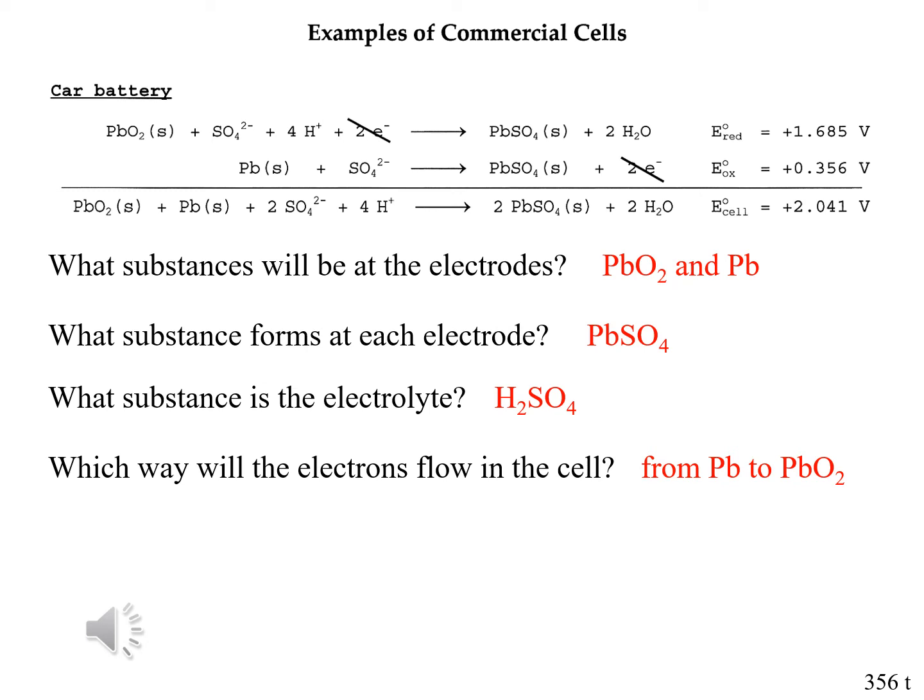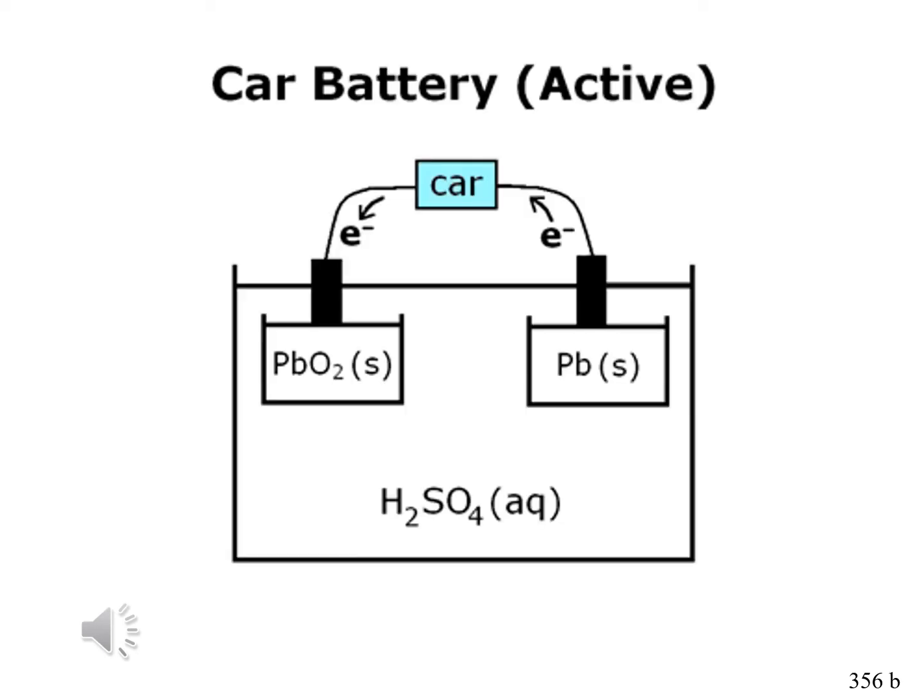So the electrons are going to come out of the Pb solid, and the PbO2 is the one that has them on the left. So they're going to flow into the PbO2 electrode. So they're going to go from lead to PbO2. And here's the picture in the diagram.